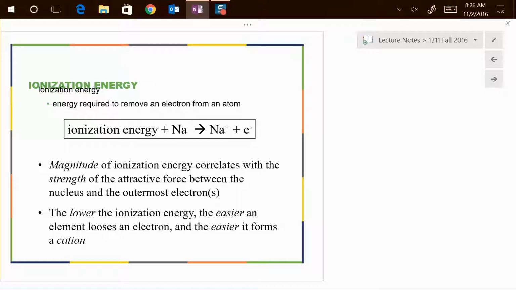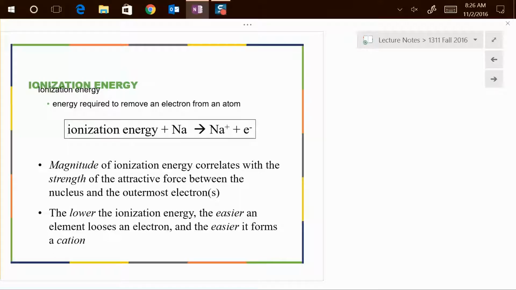The lower the ionization energy, the easier an element loses the electron. Which element do you think has the lowest ionization energy, that loses the electron more readily than any other element on the periodic table? Hydrogen? Francium. Not hydrogen. Look at francium. How many energy levels does it have? 1, 2, 3, 4, 5, 6. The thing's ginormous, right?